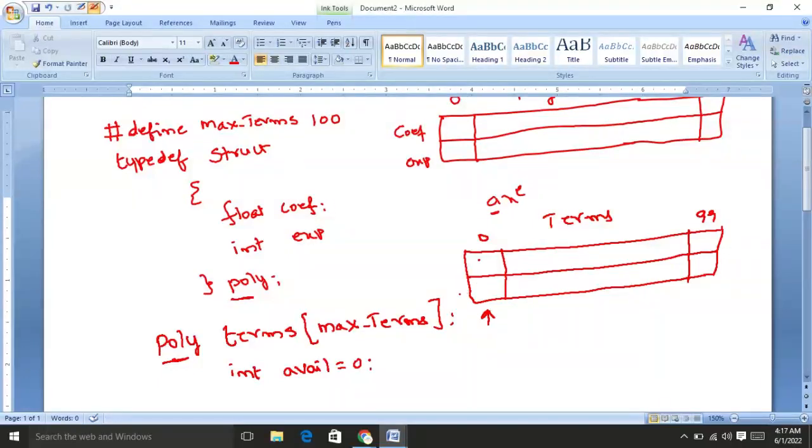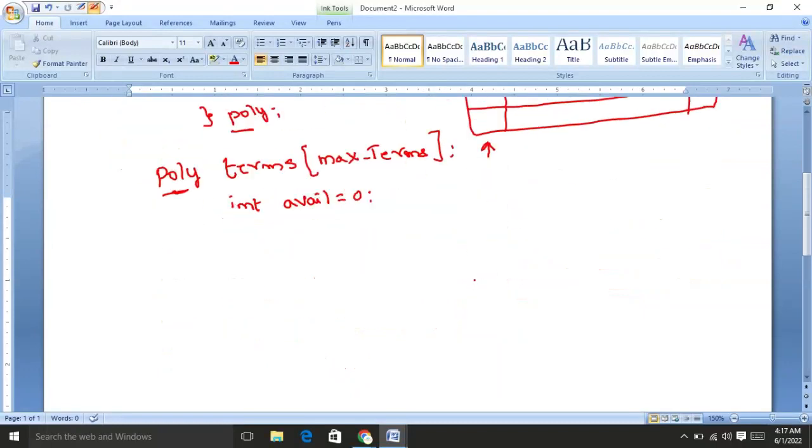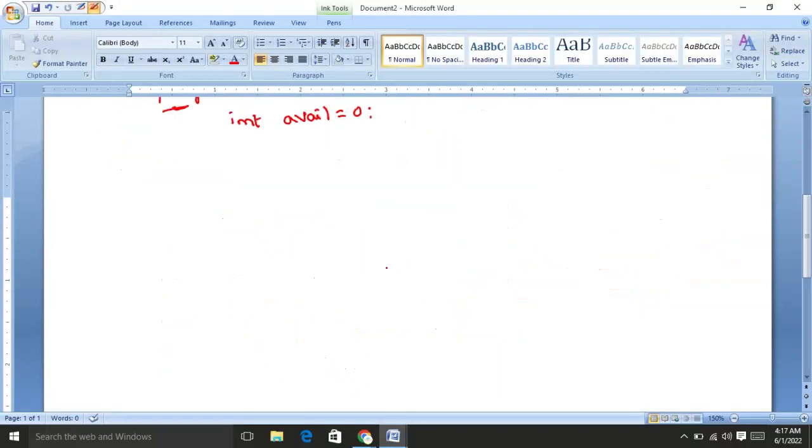Okay friends, now I would like to store any one of the polynomials in this. So I am going to consider one polynomial, A of x equal to 2x to the power of 50 plus 1, and one more polynomial, B of x equal to x to the power of 4 plus 10x cube plus 3x square plus 1.